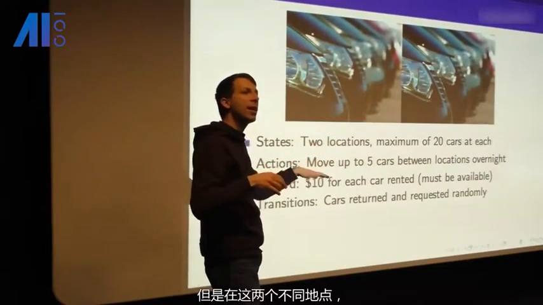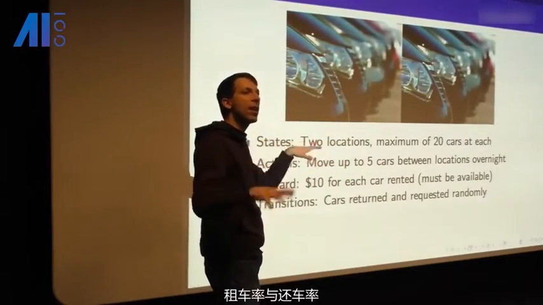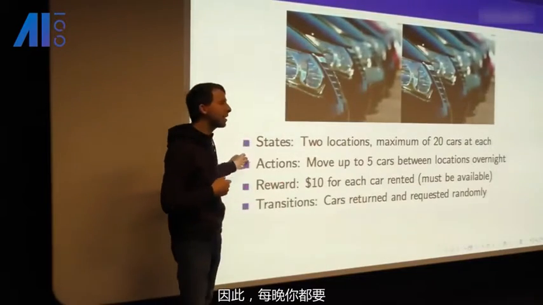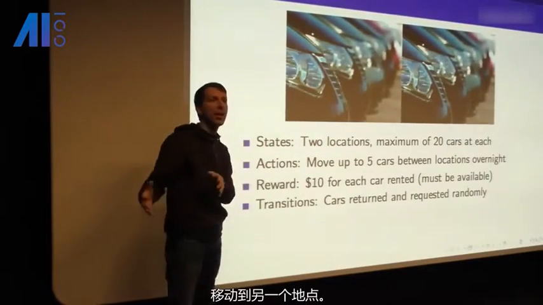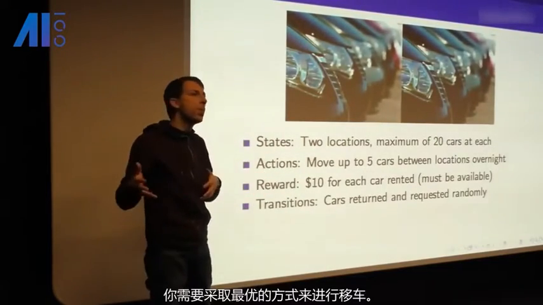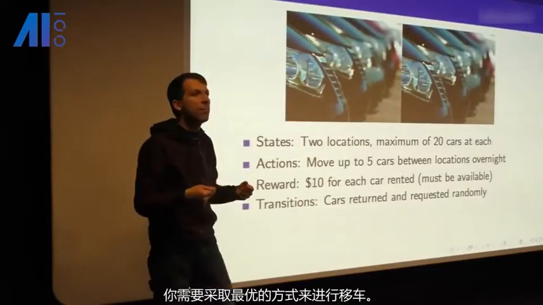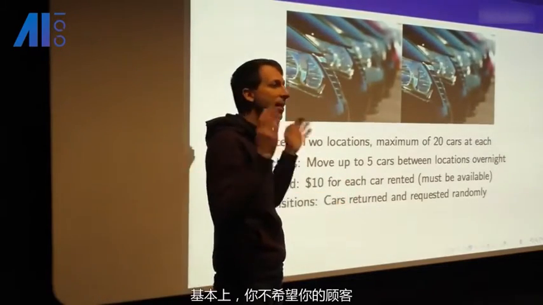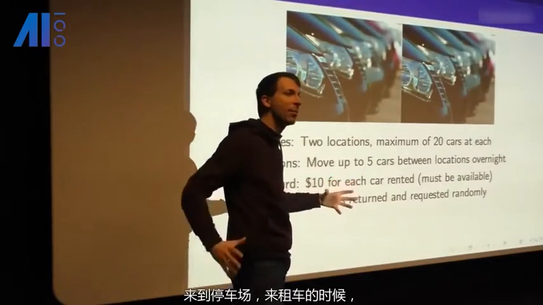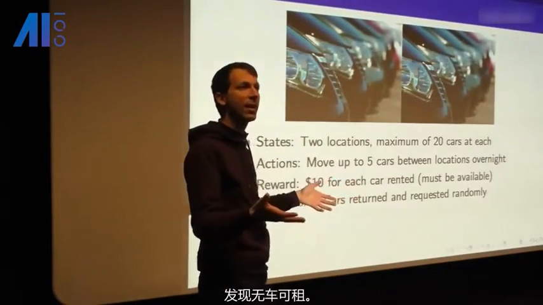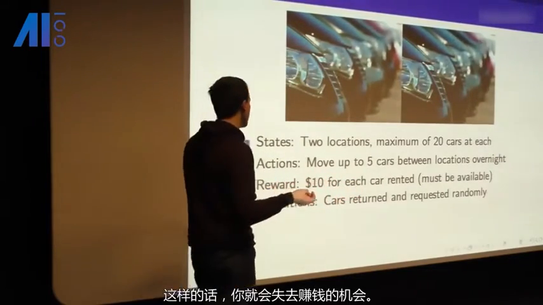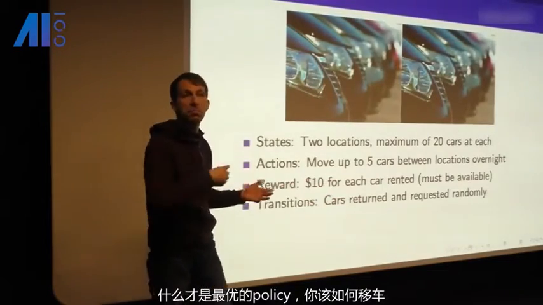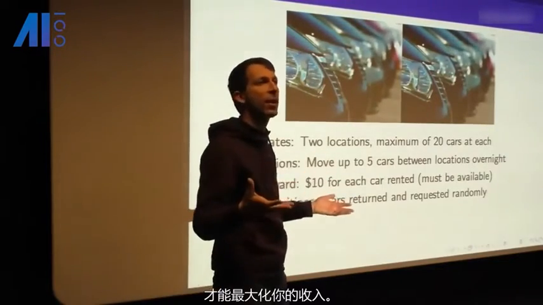But the rate at which they rent and return cars is different in the two locations. Every night you get to move some cars from one location to the other, and you need to do this optimally so that when people try to rent a car, cars are available. You don't want to end up with an empty car park when a customer comes in, because you lose money. The question is, what's the optimal policy for shifting cars around so that you maximize your income?